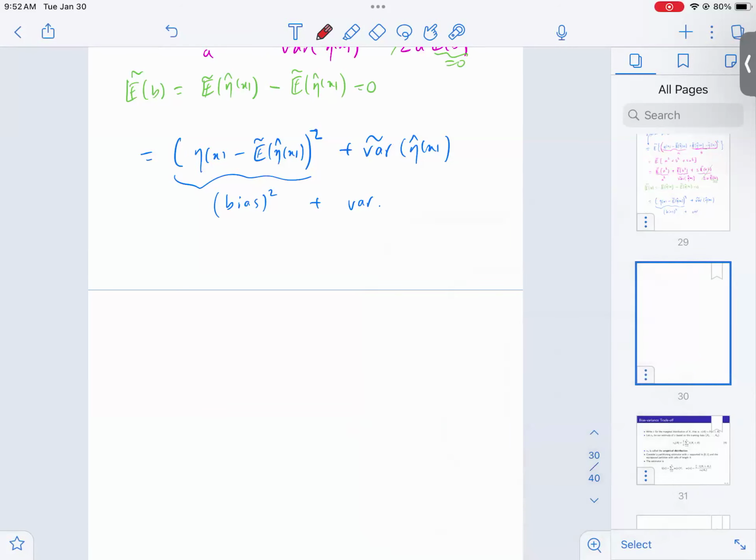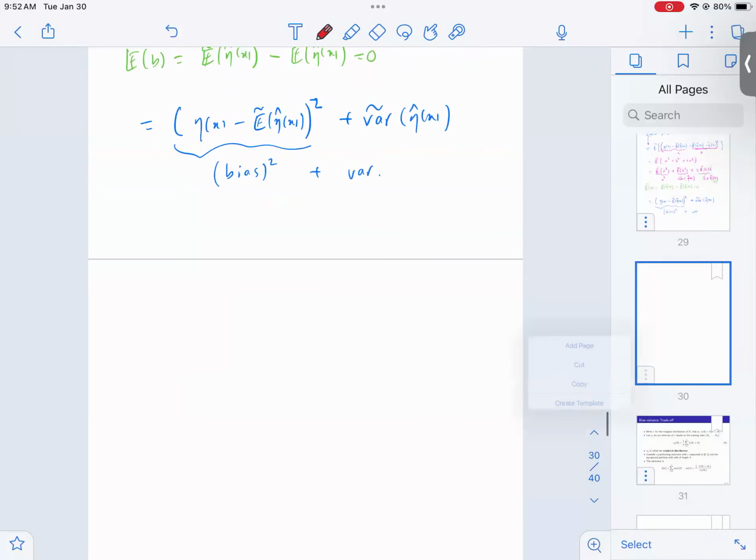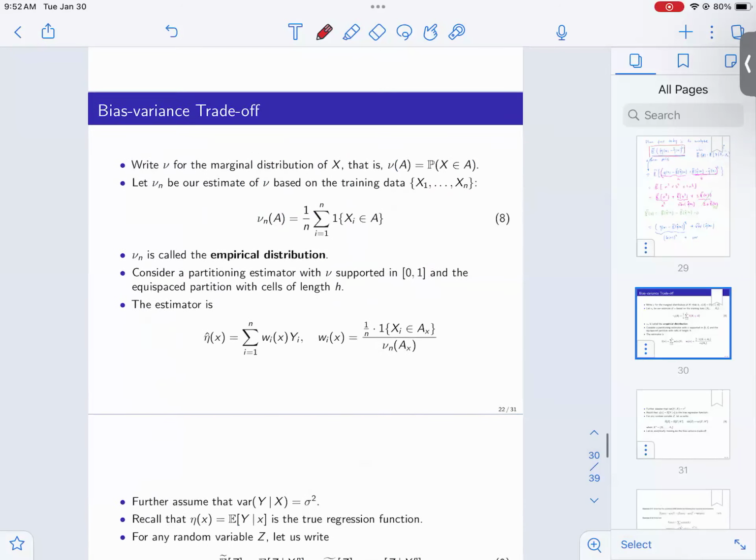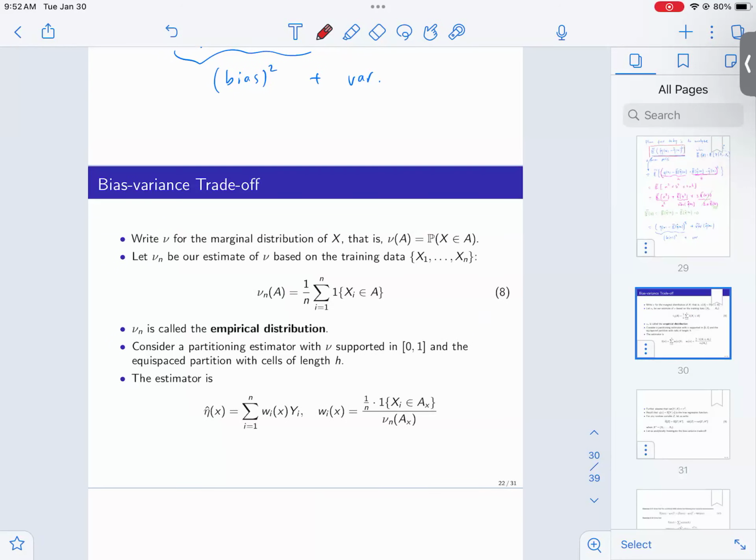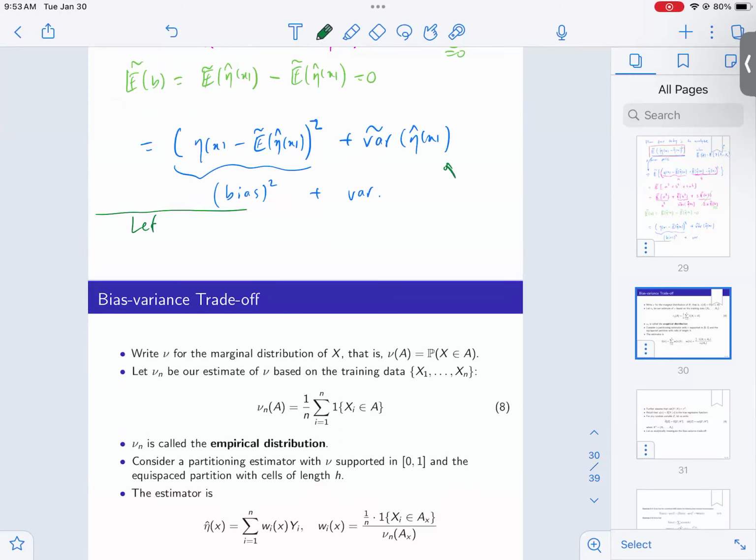And then let's now move on to the partitioning estimator. I want to rewrite the partitioning estimator in a particular fashion, so I'm going to introduce some notation. Remember, what we did so far is general and holds for a general estimator.